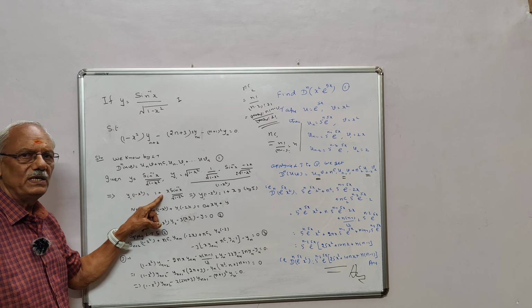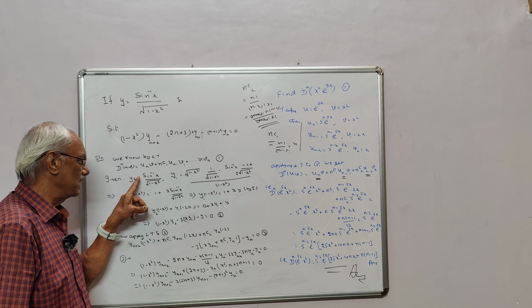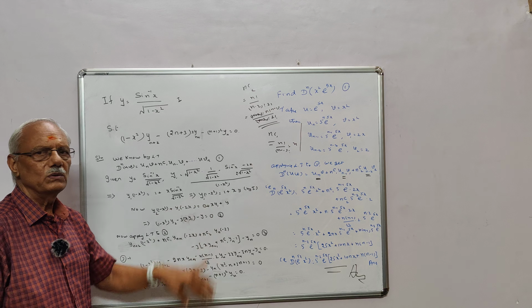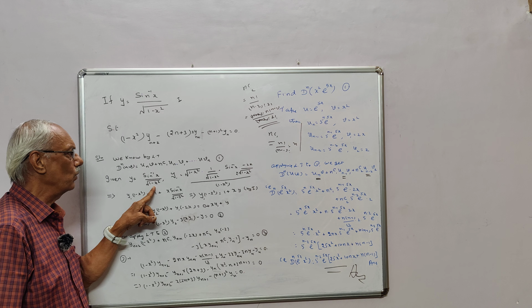Square root of 1 minus x squared into derivative of sine minus 1 of x, which is 1 by square root of 1 minus x squared, minus sine minus 1 of x into derivative of 1 minus x squared whole to the power of half.